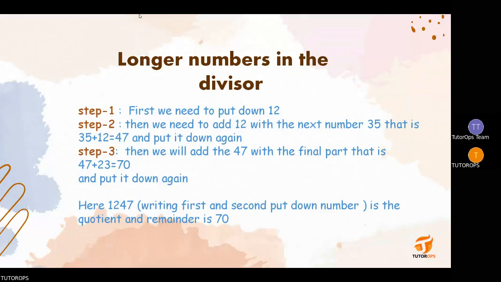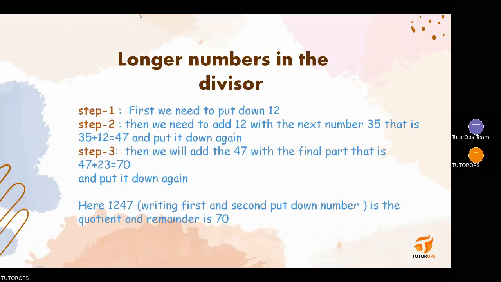That is 35 plus 12, that will result in 47, and put it down together. And then we will add the 47 that was generated from 12 plus 35 with the final part, that is 23, and we'll put it down. So the result will be 70.